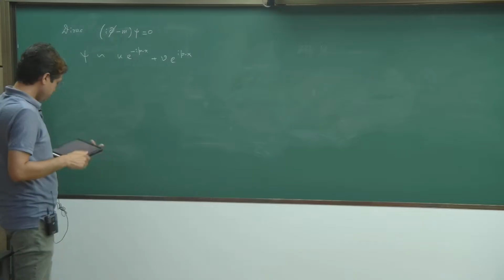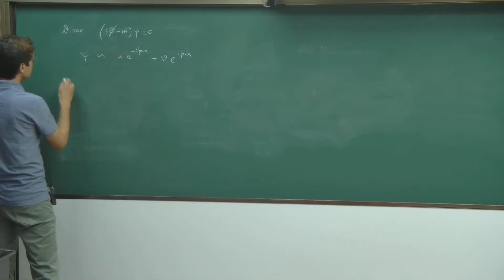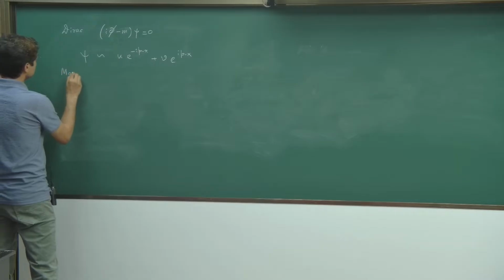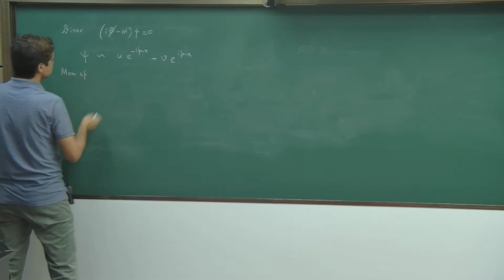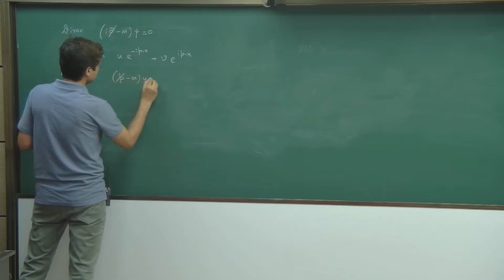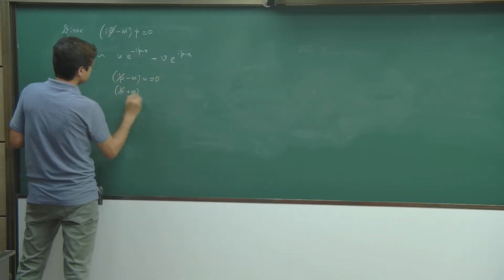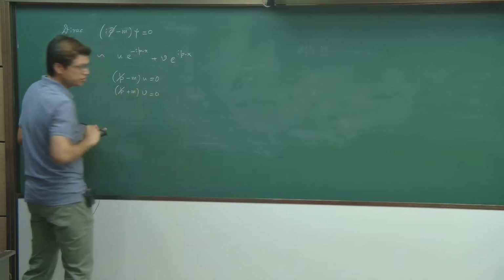Now if I apply this here, I will get the momentum space Dirac equations: (p slash minus m) u equal to 0 and (p slash plus m) v equal to 0.